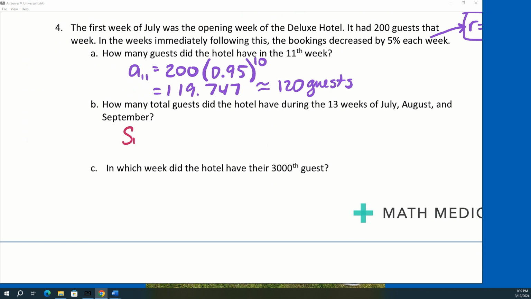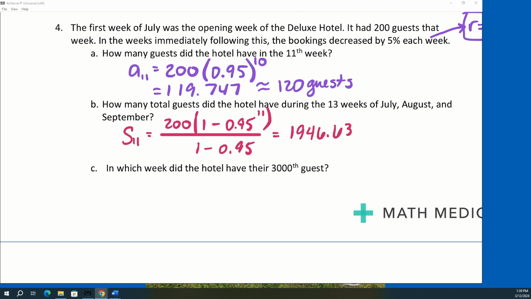So S sub 11 is going to be this fraction formula where we do the first term or the first week, 1 minus R raised to the 11th over 1 minus R. Right, and then you can just type that in the calculator. And again, we don't want to give a partial guest.